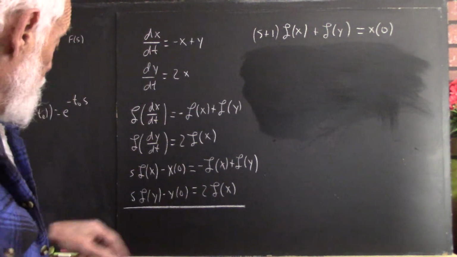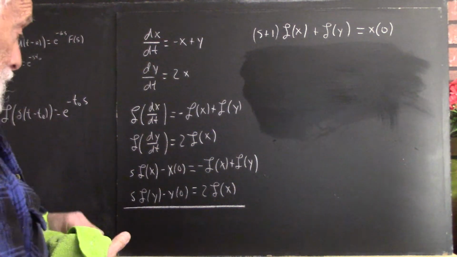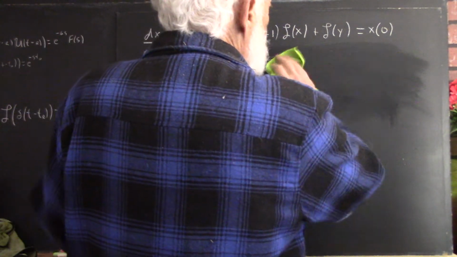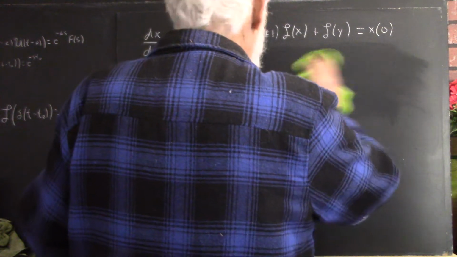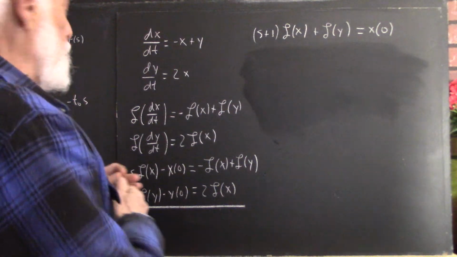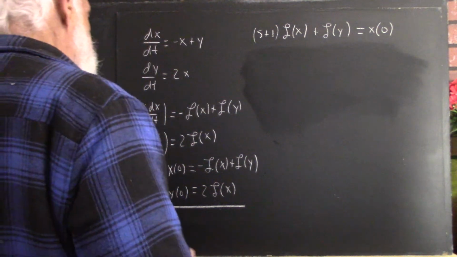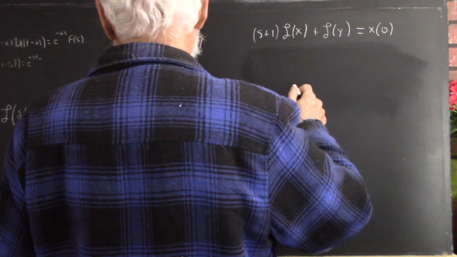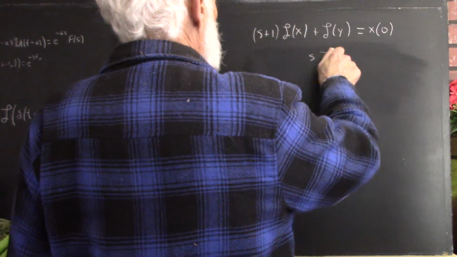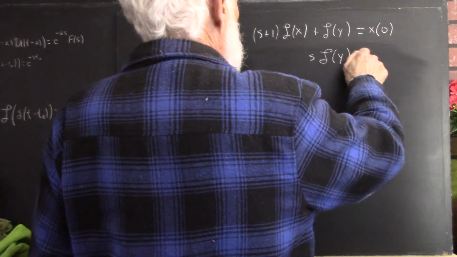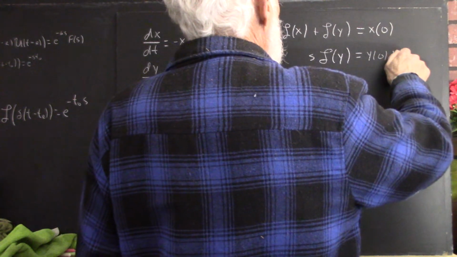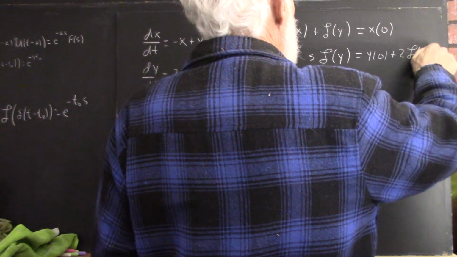And then I got a couple of steps down and realized that I didn't have anything to substitute in here for L of y that involved L of x. If this is an L of y, we could solve this one independently anyway. Okay, so the second equation should have been sL of y equals y of 0 plus 2L of x.